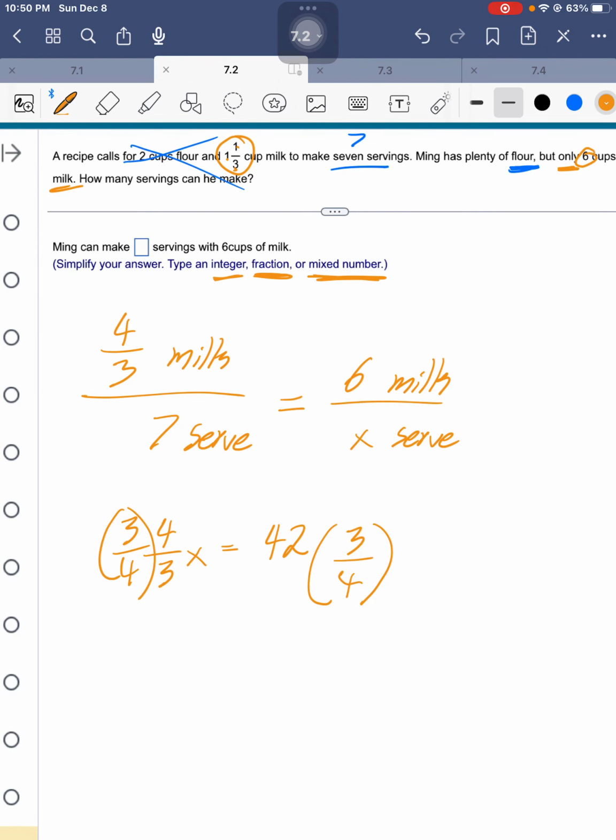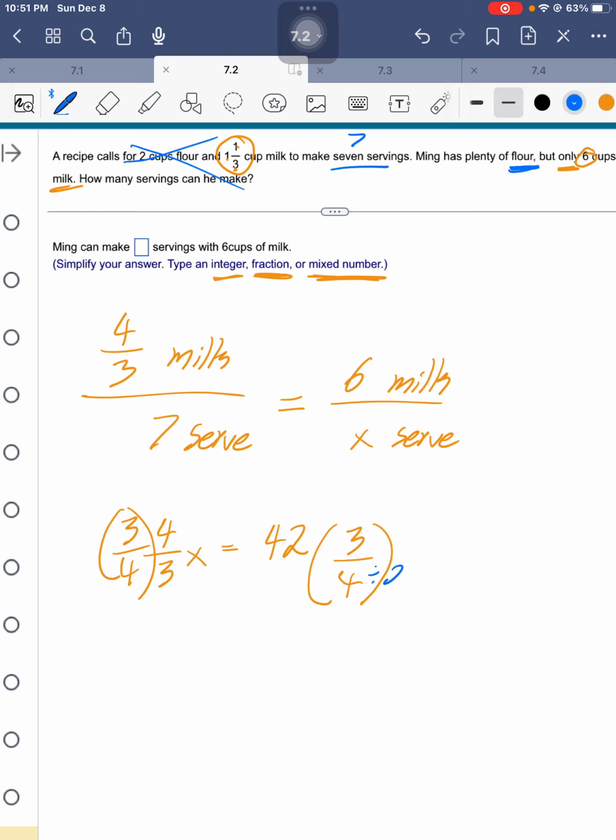Multiply by 3 over 4. So 42 times 3 divided by 4. Okay, so I'm going to get 31.5. I'm just going to write it as an improper fraction.